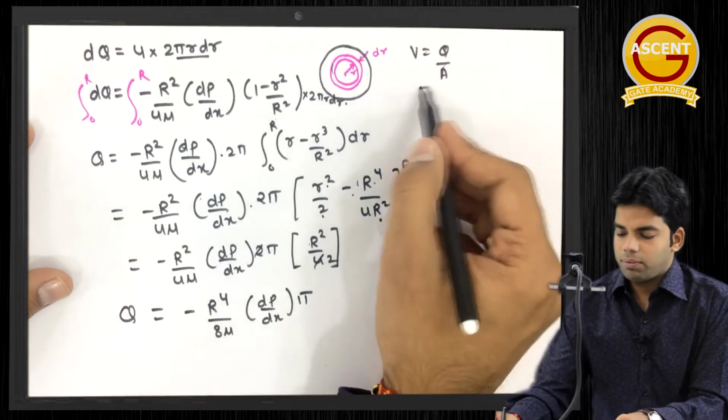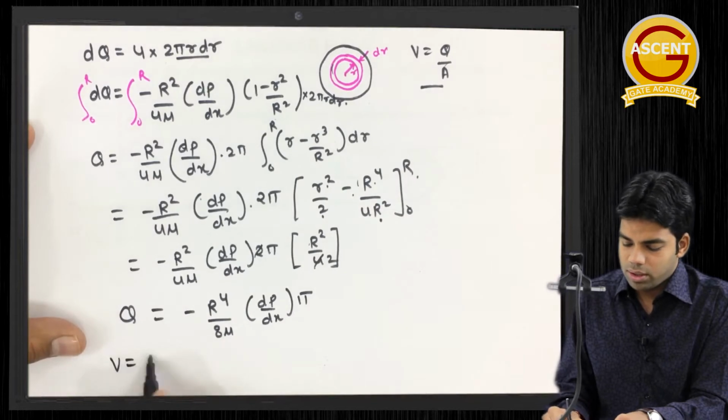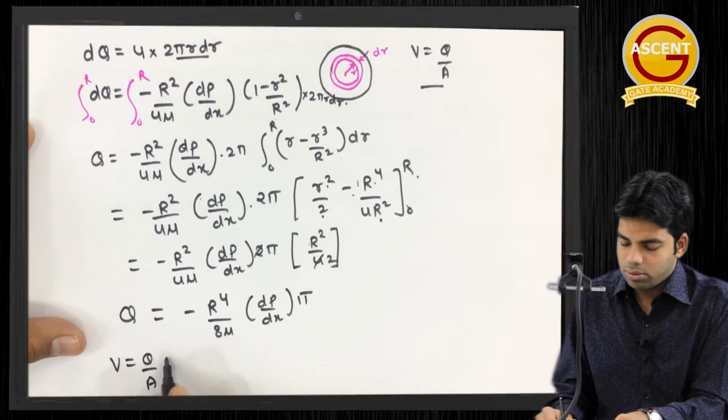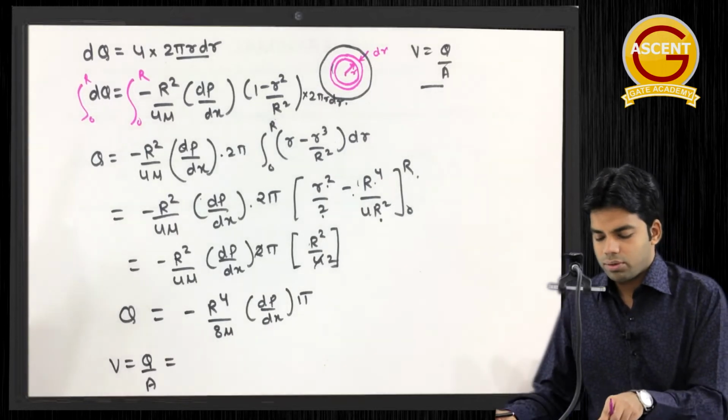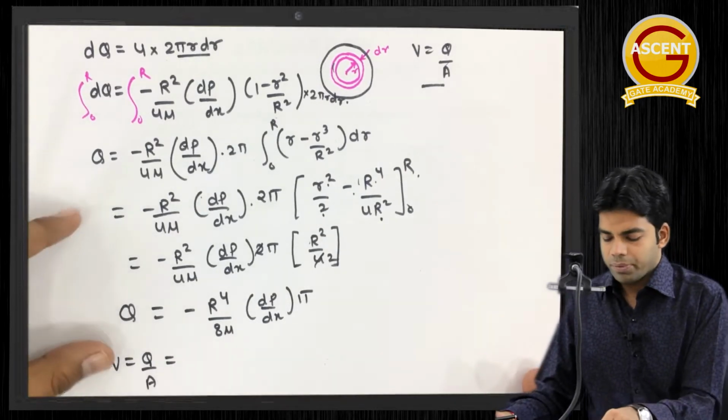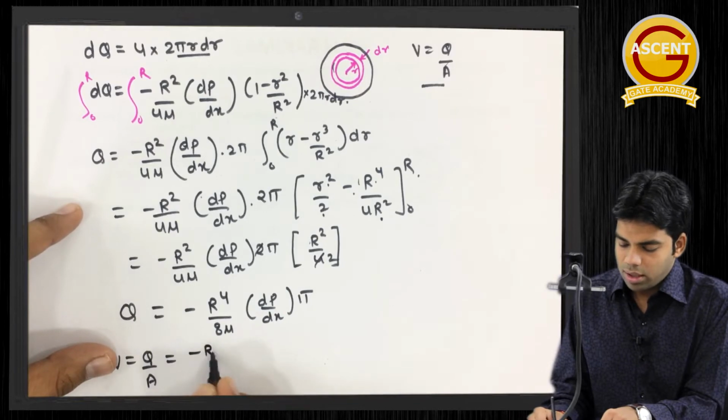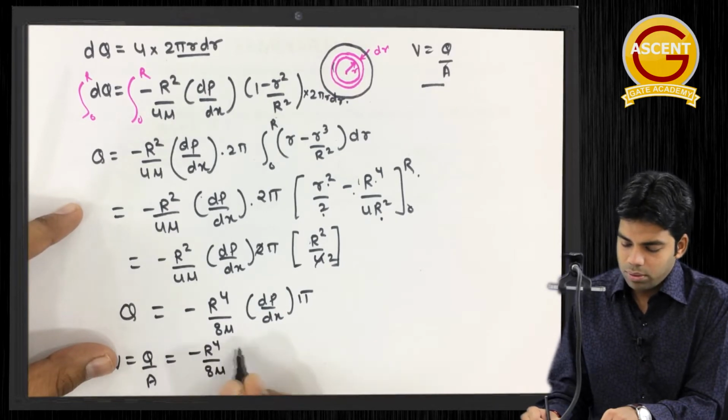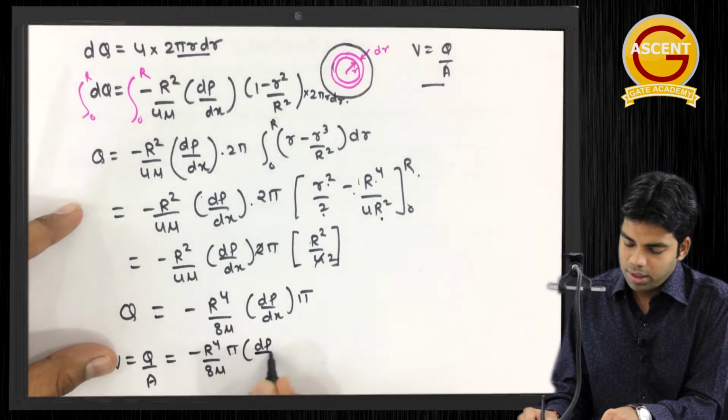Now we want to determine the average velocity, which is equal to Q by A. The total average velocity is total discharge upon total area, so this will be equal to minus R raised to the power 4 by 8 mu pi dp by dx divided by A, which is pi R square.